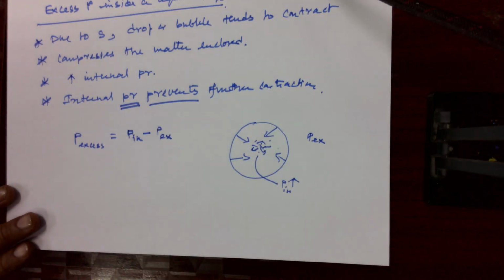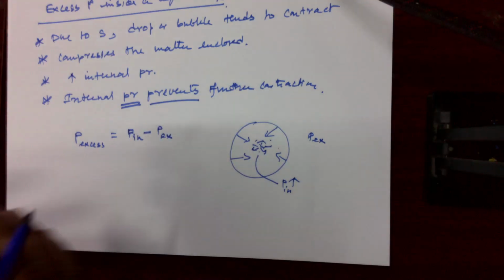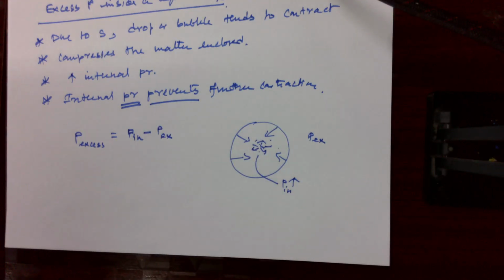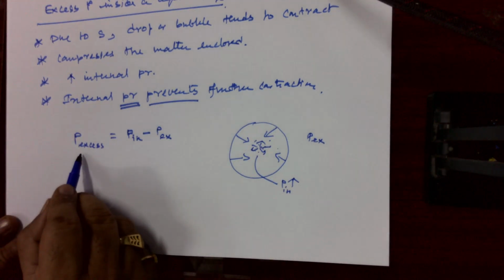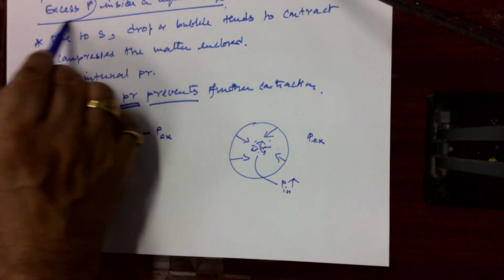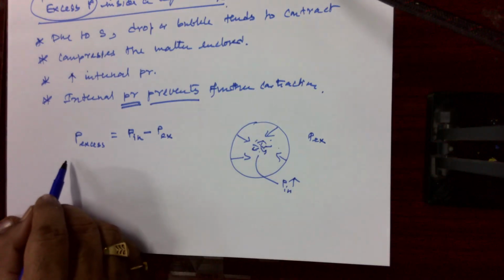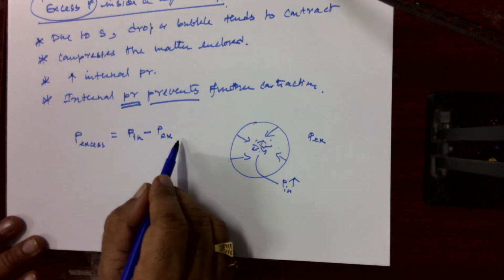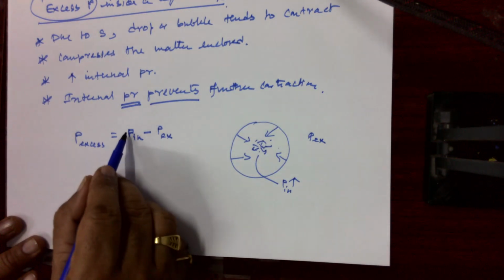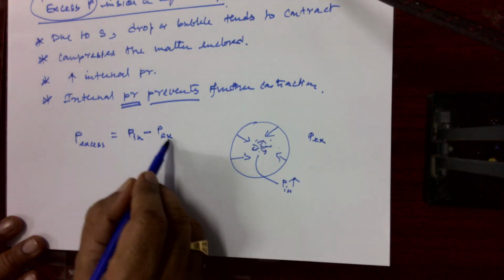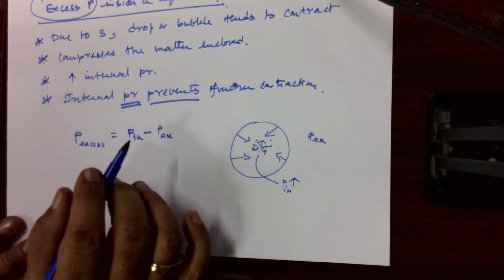Do you understand this? Now we are going to focus on this external pressure, how we can maintain this. So excess pressure inside the liquid is equal to internal pressure minus the external pressure.